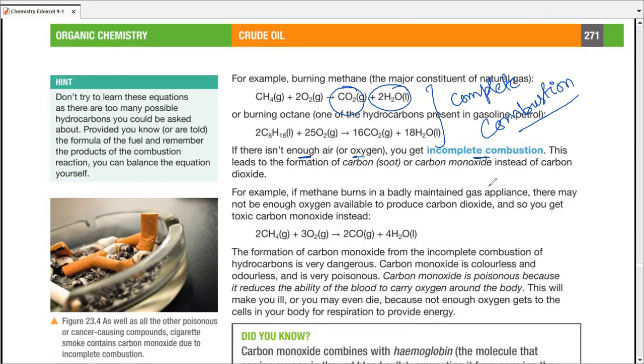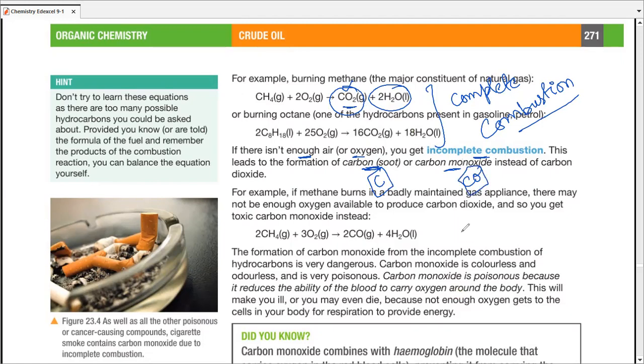That combustion type is known as incomplete combustion. Instead of carbon dioxide, which forms in complete combustion, that's not the product in incomplete combustion. In incomplete combustion, you either get carbon soot or carbon monoxide. Carbon soot is usually depicted as just carbon. Carbon monoxide has the formula CO.